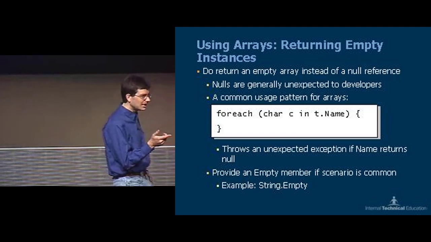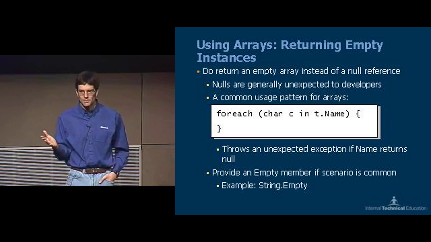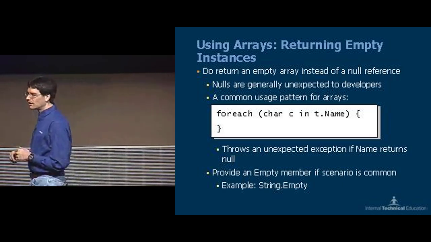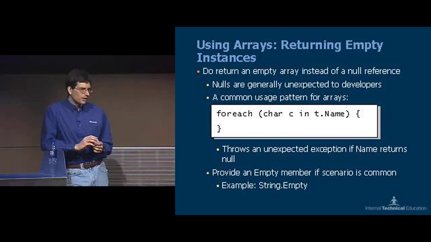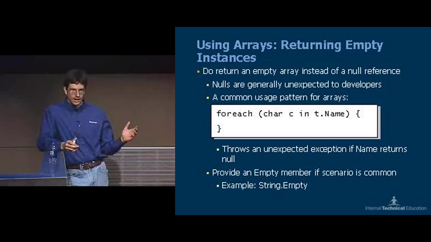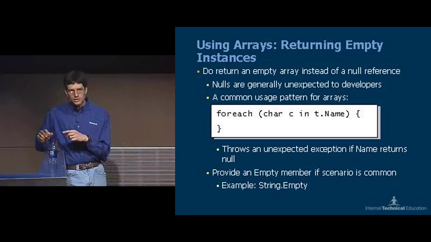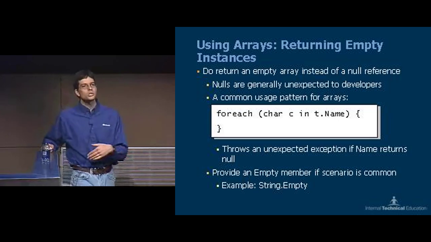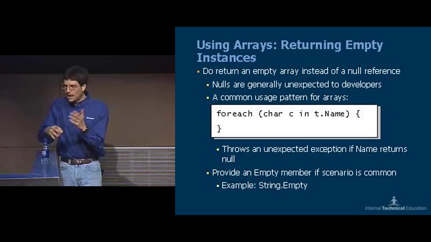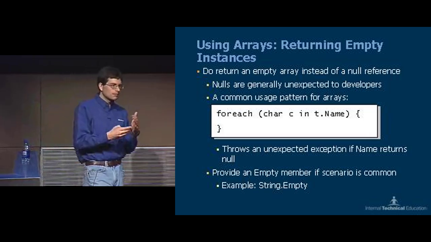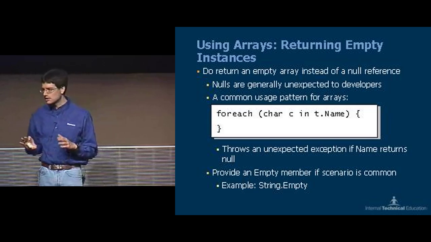I'm going to look at t. Is t null? No. Is c null? No, it's a value type. What was null here? So it'll take a little while for developers to figure out, and then they'll have to add some special check: if t.name is not null, then foreach. And there was really no reason. If you would just return an empty instance, then the body of the loop wouldn't have executed, and the logic would have worked out just fine in this program, and it would have been simpler for everybody.